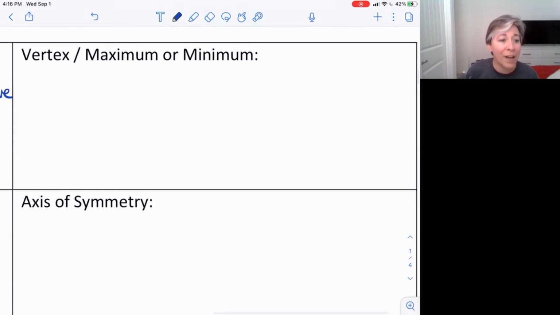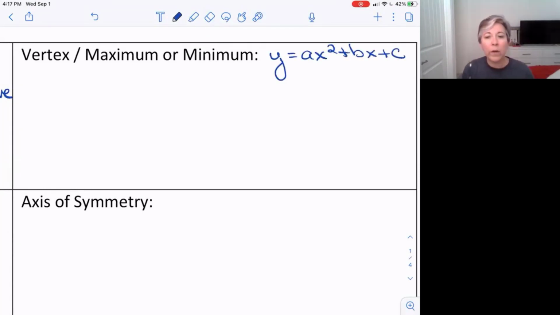So in order to find the vertex, we are going to use the A and the B value to find the x coordinate. Now for the vertex, we usually use h and k instead of x and y, just to say this is representing our vertex.